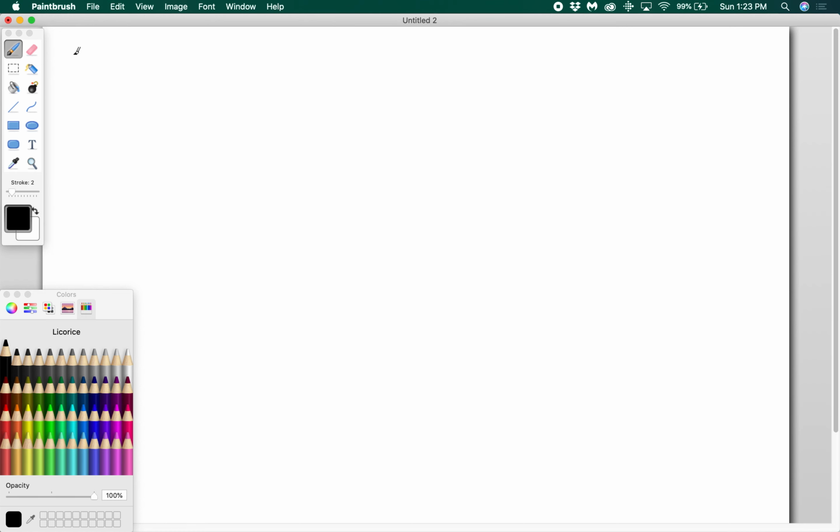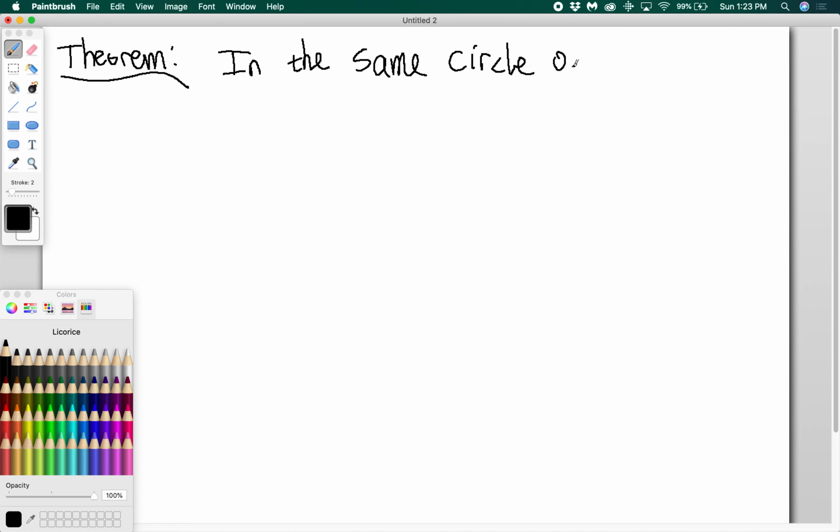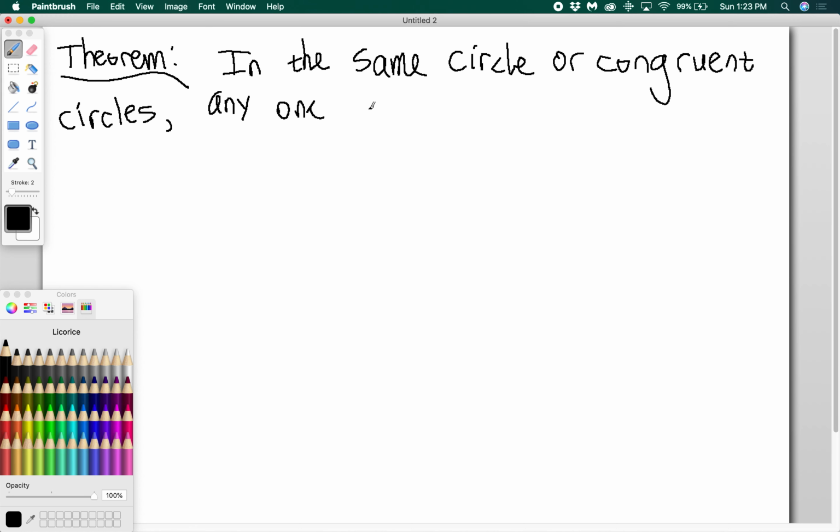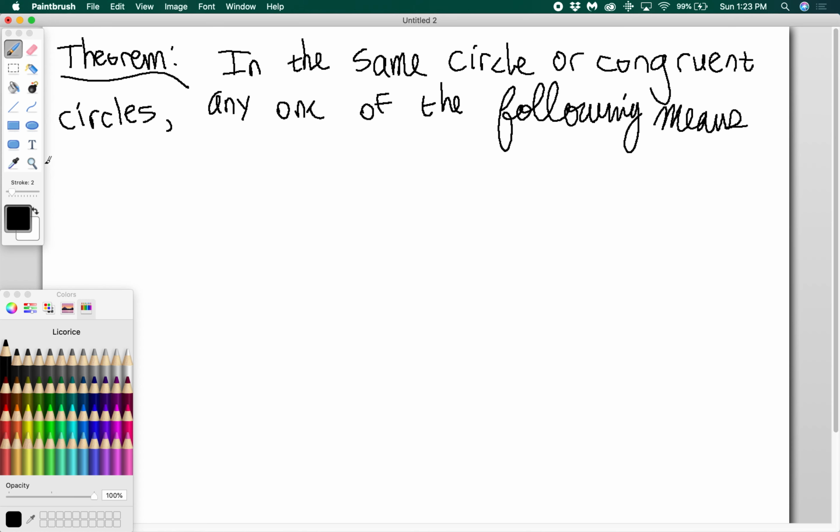Okay, so time for one of our theorems. Here's our theorem. In the same circle or congruent circles, any one of the following means each of the other are true.